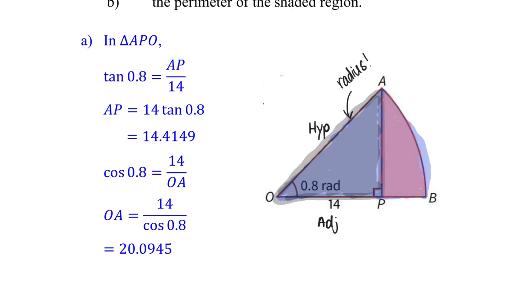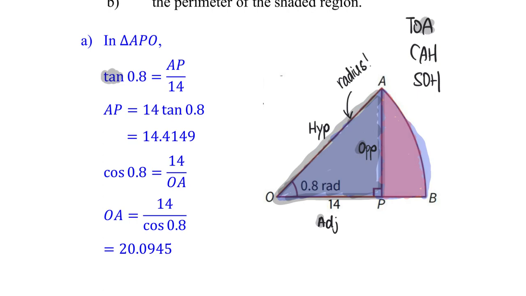So I also have my AP. Okay. So O and A, I will use tangent because that's TOA. So I write it at the side here on top. So to find AP, I use tangent because of O and A.